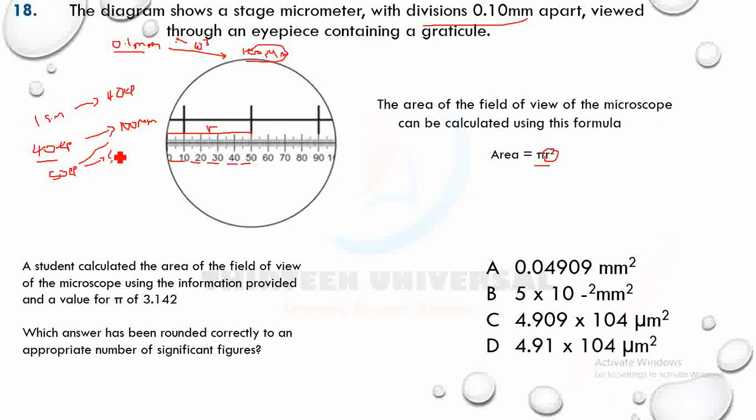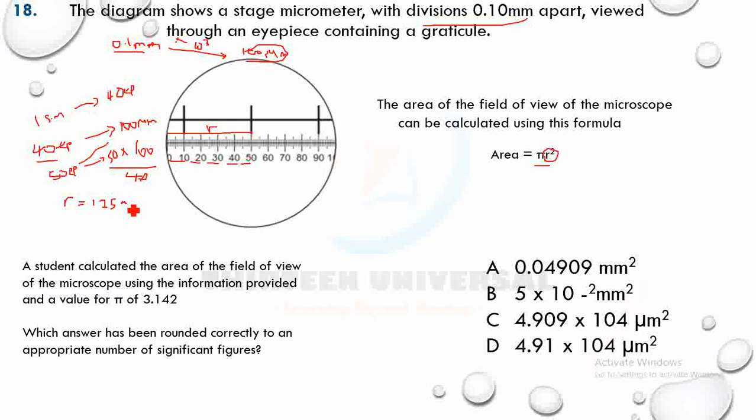Get your machine and calculate it. That's 125. So our radius there is 125 micrometers. That's what represents 50.